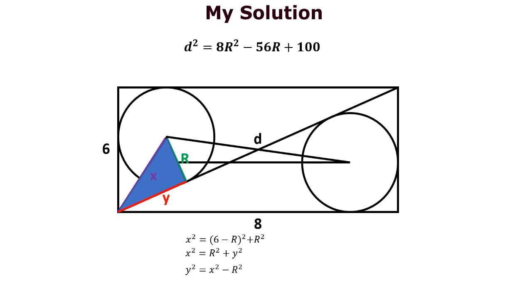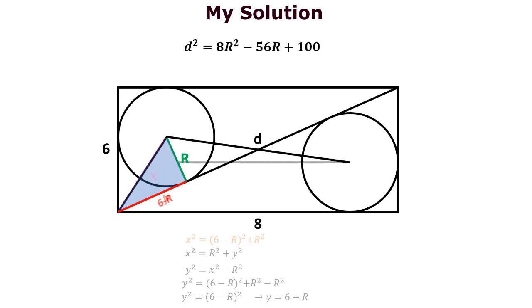We have previously calculated the value of x squared. By replacing x squared in the relationship, we obtain y squared equals the square of 6 minus r plus r squared minus r squared. By reducing r squared with r squared, we get y squared equals the square of 6 minus r, which means that the value of y is 6 minus r.